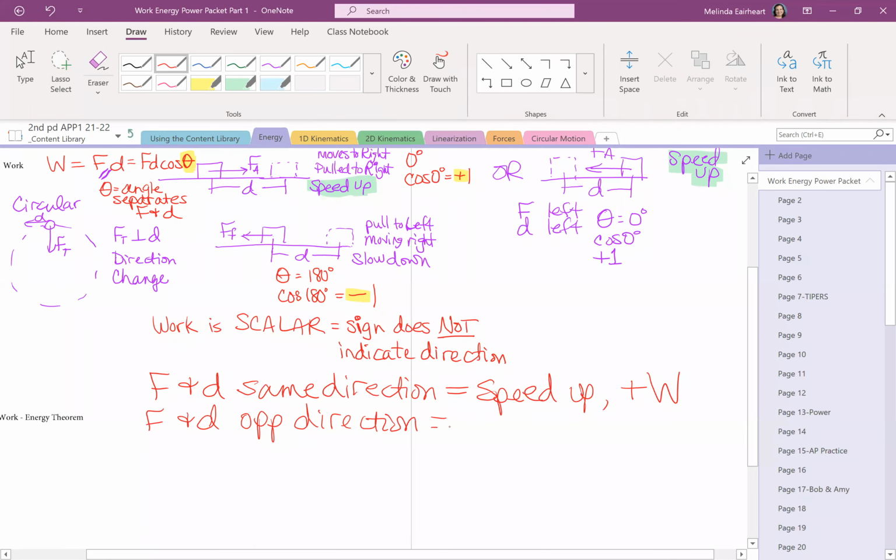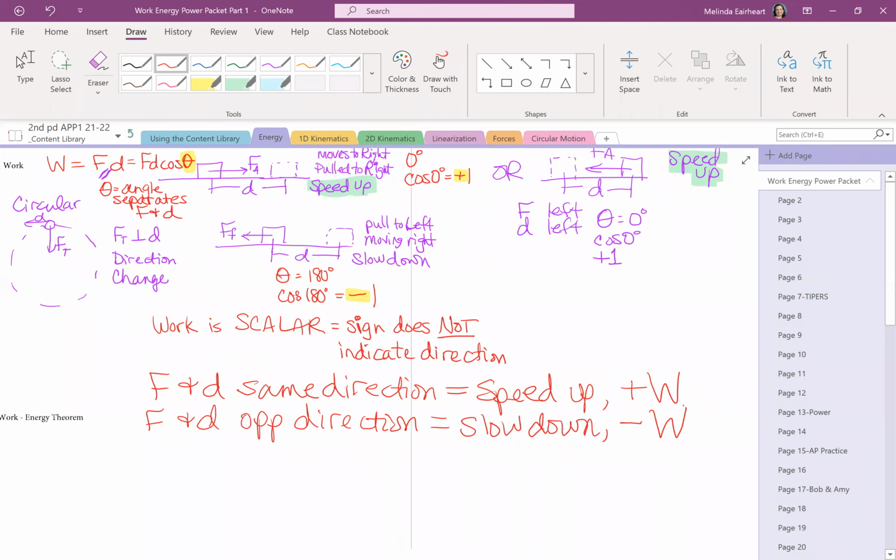What's going to be true? If you pull something the opposite way it's moving, it's going to slow down, and it's considered to have what kind of work? Negative work.